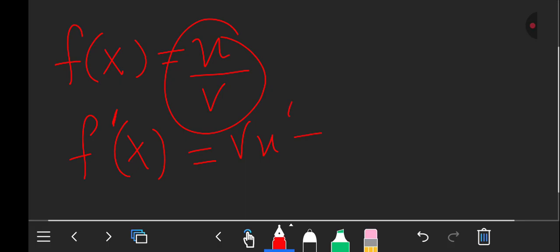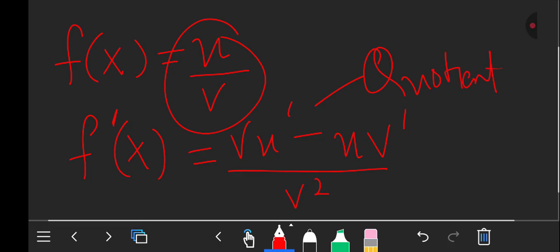This time around you are going to consider u and differentiate v, all divided by v squared. So this is the formula for the quotient rule.